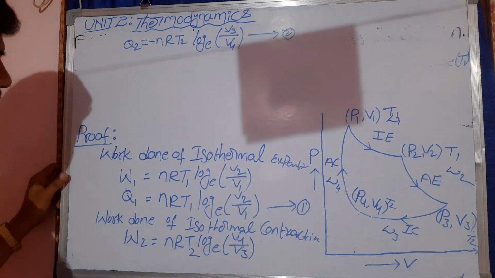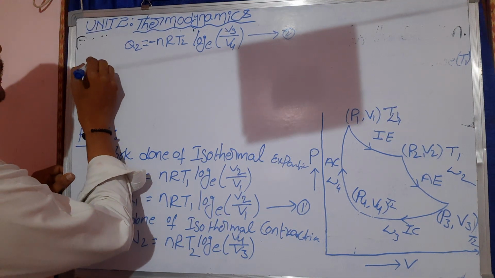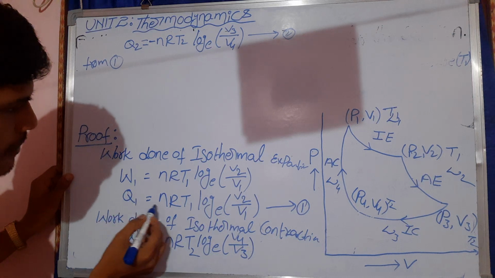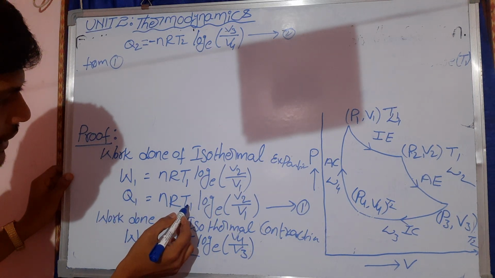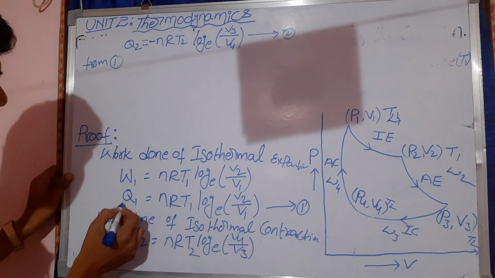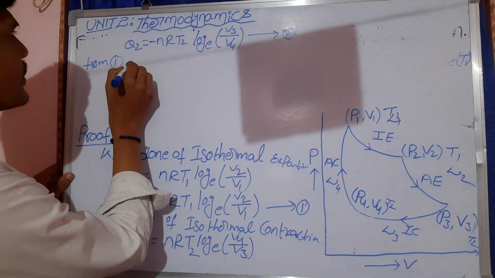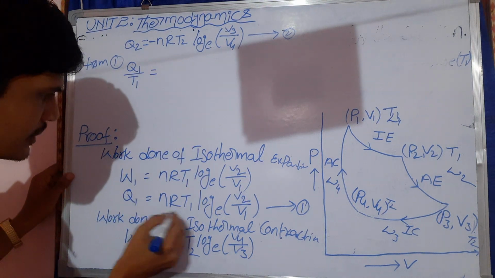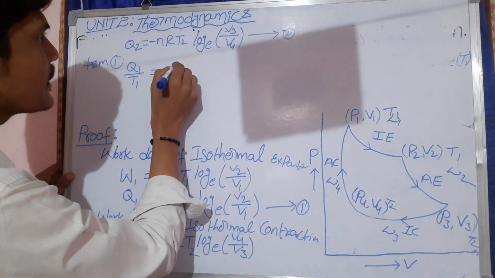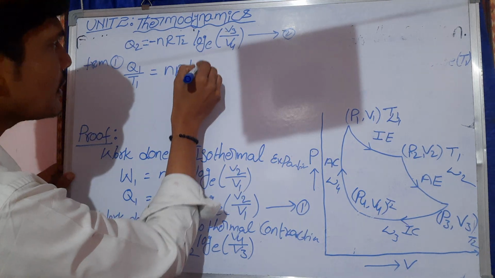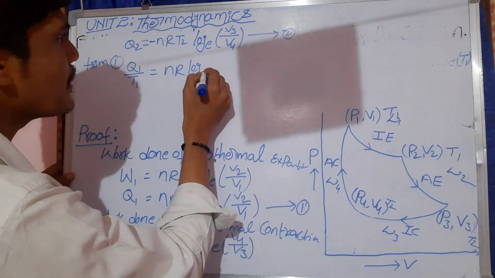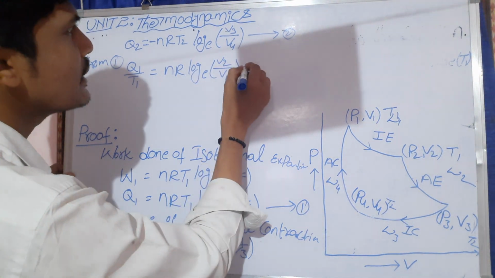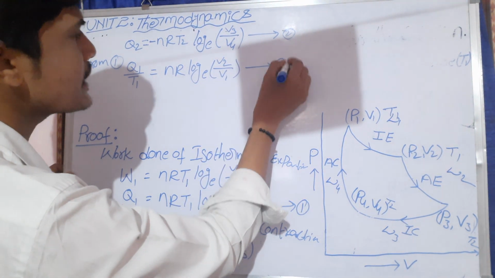From equation number 1, dividing temperature T1 to the left side, Q1 by T1 equals nR log base e V2 by V1. This is equation number 3.